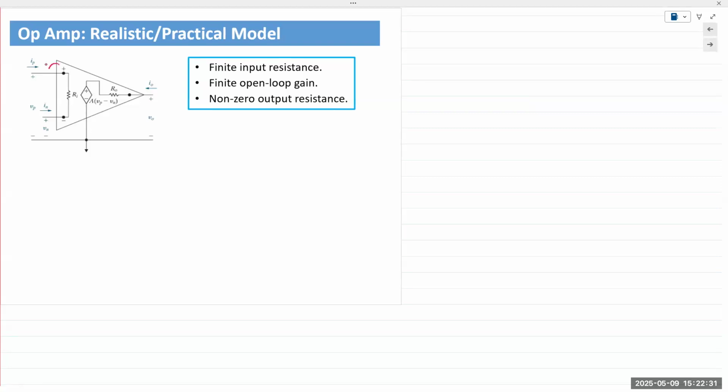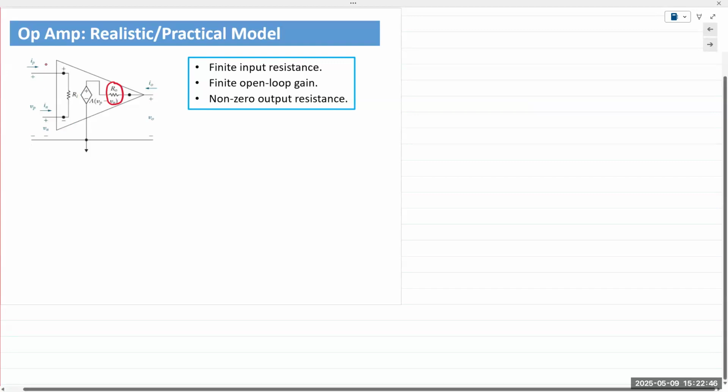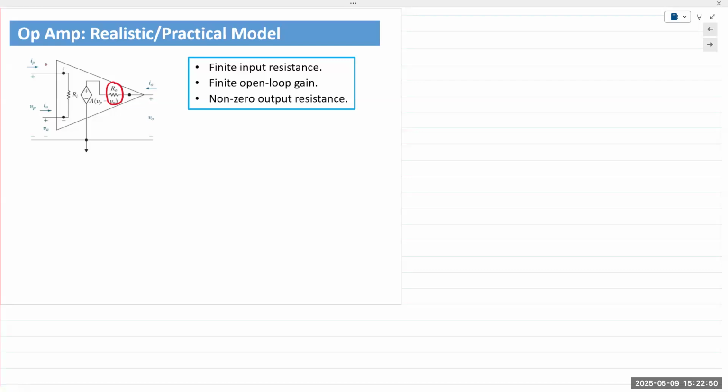We have a finite value of resistance connected between the inverting and non-inverting terminal. We also have a certain value of resistance for the output. And more importantly, at the output, we can model within the linear range of operation, not saturation, that the output is a multiple of the input, right?